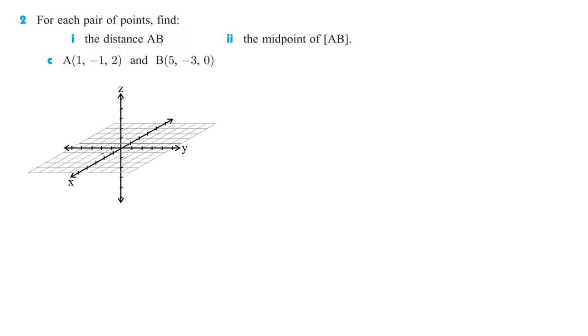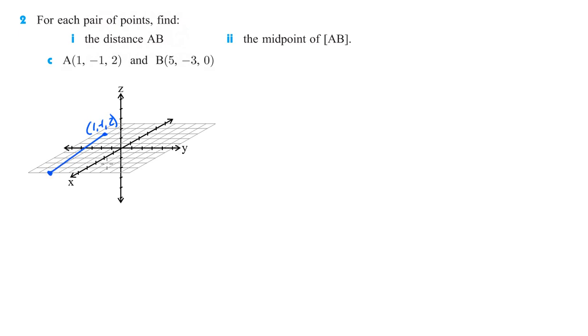So you kind of gotta rough it, 1, 2 on the vertical part. So that is 1, negative 1, 2, and then 5, negative 3, 0. There's no up or down, so it ends up being that. So it's going to be the distance between these two points here.